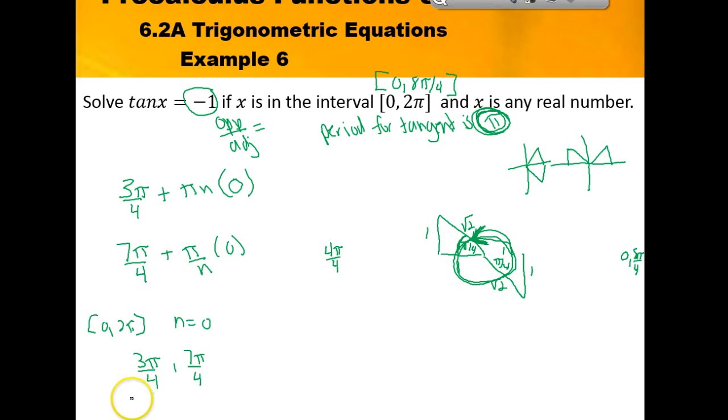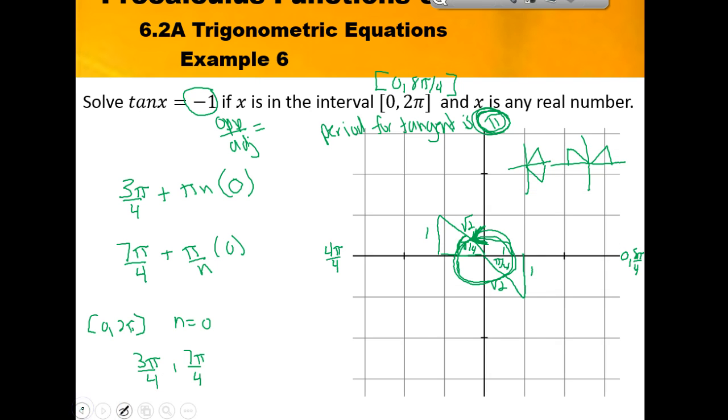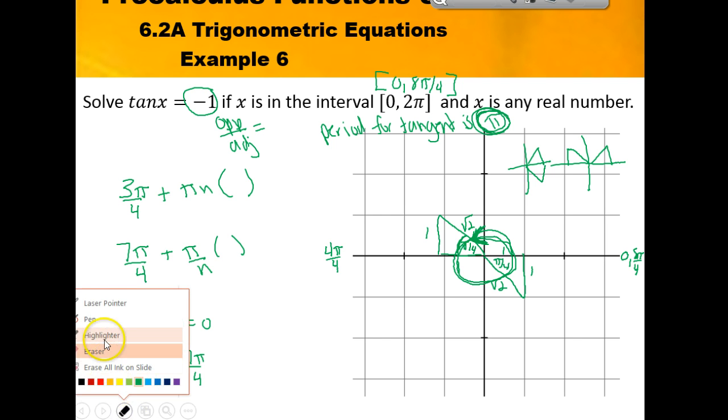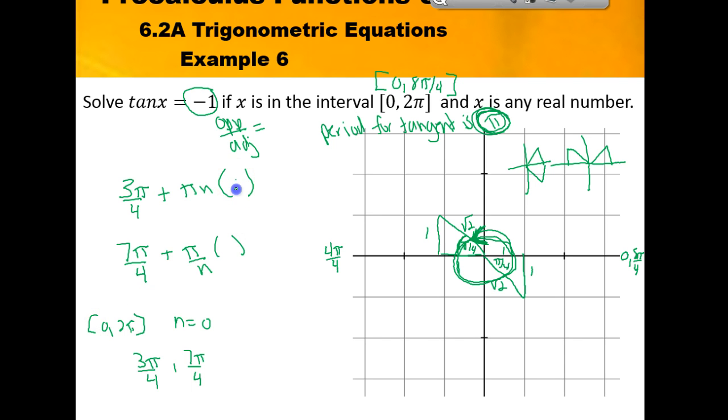Okay, what happens when n is 1? Let's just look at this first one when n is 1.